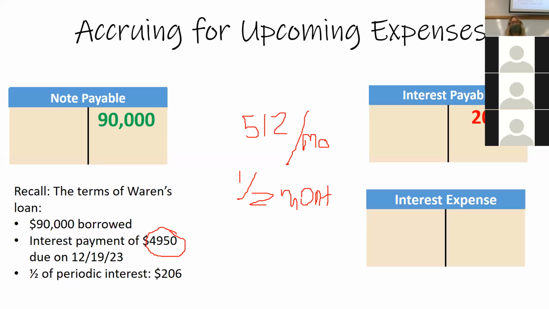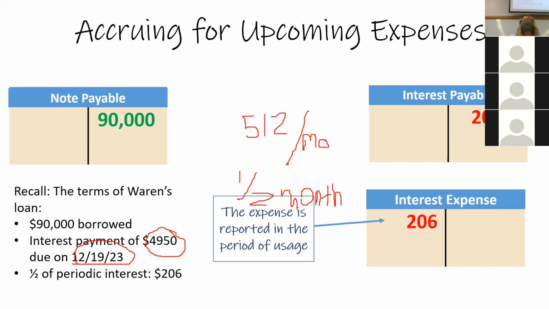You can check my math on it. I did it this morning with a calculator, so I'm relatively confident in it. We're creating a placeholder for the interest we're going to owe the bank at this date. Then, to match the expense with the period in which we record that interest, we record a debit to interest expense.